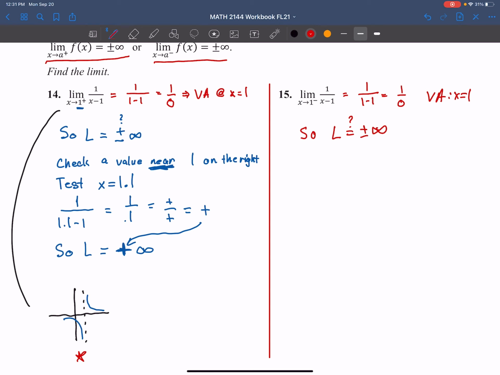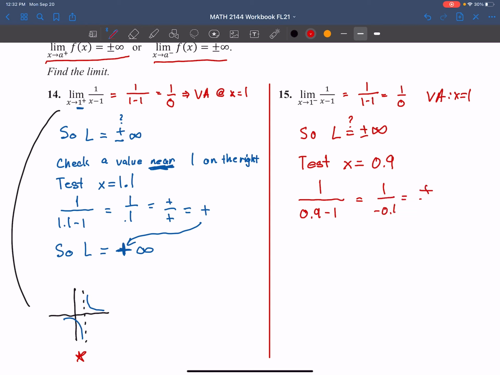Test a point on the appropriate side. So let's go ahead and test x equal to, what do you all recommend? 0.9 is probably a good choice. It's pretty close, not too crazy of a value. If you test that, you get 1 over 0.9 minus 1, a positive 1 over a negative 0.1.